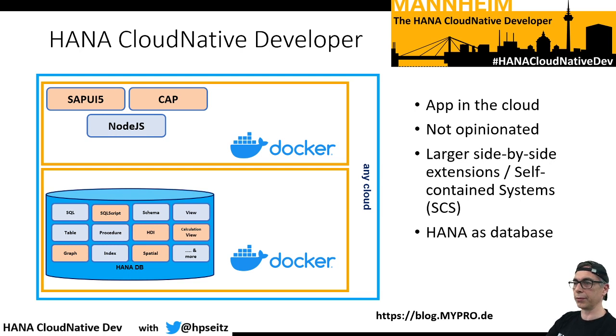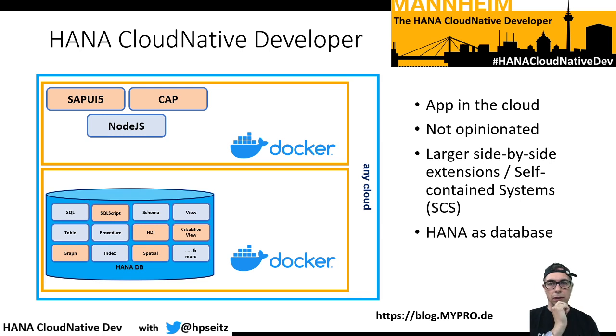This is then connected for the persistent layer with the other Docker container where the HANA database is. That's kind of a larger side-by-side extension in contrast to a simple function as a service or serverless scenario.